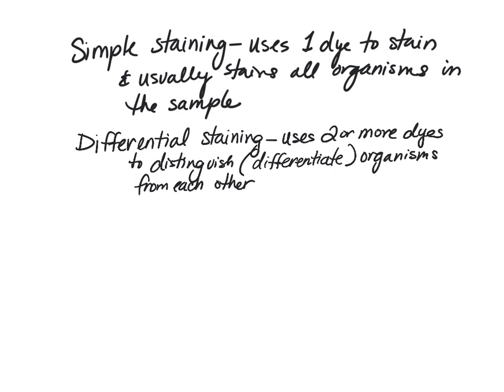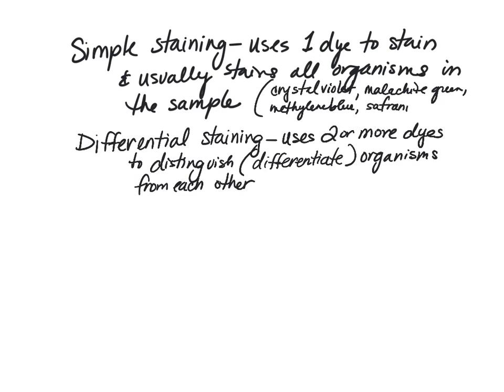For example, with simple staining, we could be talking about crystal violet, malachite green, methylene blue, safranin, basic fuchsin. Those are some of our basic dyes, because we were talking about basic for the cell walls there.